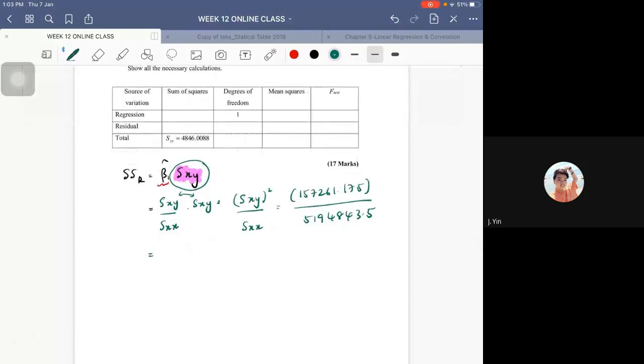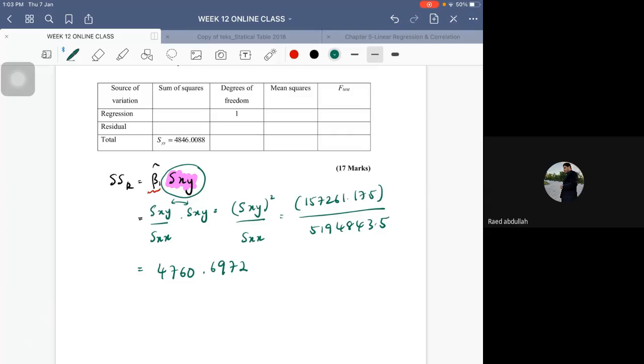So please calculate that for me. What is our sum square regression? It's 4,760.6972. Thank you. So that is going to be my sum square regression. Now that I already have this value, I can simply substitute that into our equation.